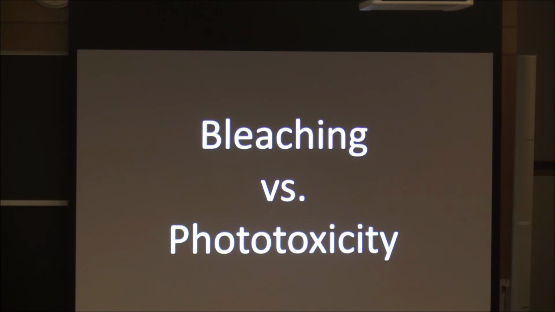Photobleaching is when you hit your fluorophore with some light, it goes into a dark state, eventually does some bleaching, it can't fluoresce anymore, right? So you can bleach your sample, but your cell might still be happy. Your cell's still growing, it's still dividing, but it's not giving off fluorescence anymore.